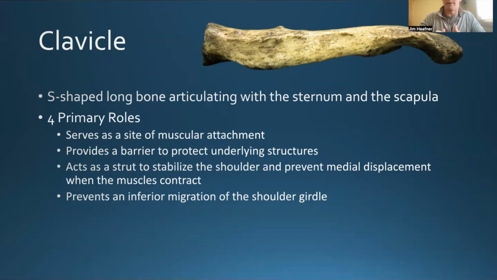It provides a barrier to protect underlying structures, so the brachial plexus and the important subclavian artery and vein are right underneath the clavicle. It acts as a strut to stabilize the shoulder, and it prevents medial displacement when the muscles contract. So it acts as a muscle attachment site to provide stability for the chest area. And then it prevents inferior migration of the shoulder girdle.